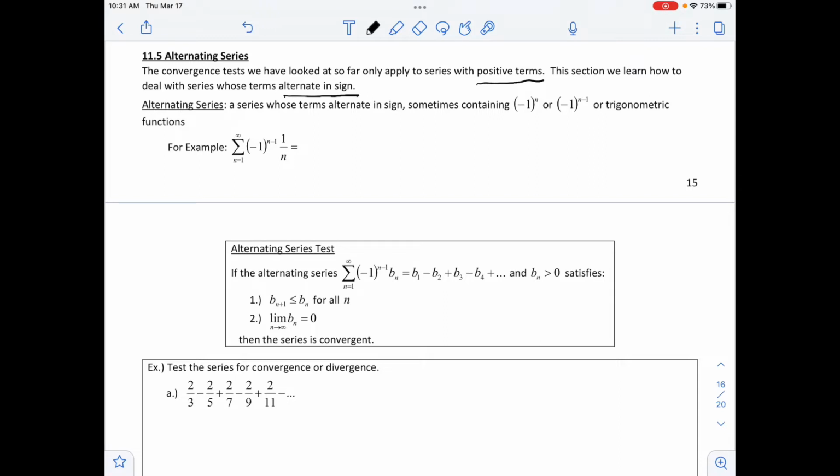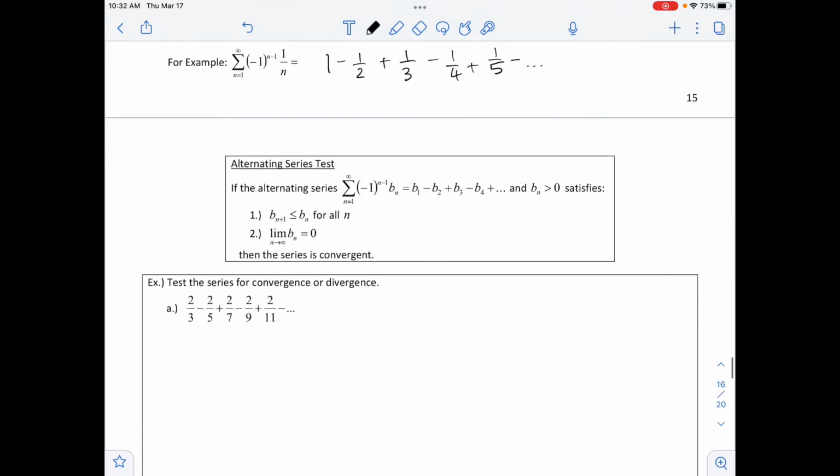If you substitute in 1, you get -1 to the 0 power times 1 over 1, or just 1. Next, if you substitute in 2, you'll have -1 times 1/2, so -1/2. Continuing on, it goes to +1/3, then -1/4, then +1/5, and so on.